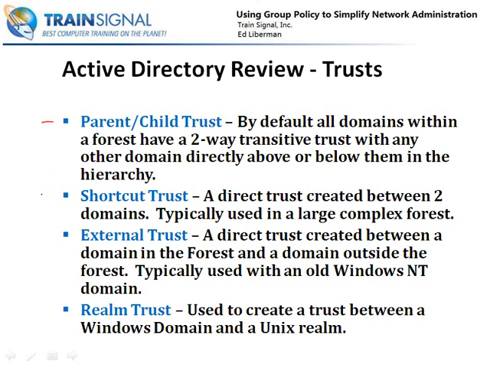Now, another type of trust I'd like to talk to you about is something called a shortcut trust. A shortcut trust is a direct trust relationship that is created between two specific domains. And typically, this would be used only in a large, complex forest, or as we'll see a little bit later, if we have two or more forests that have a complete trust with each other, we may want to have a shortcut trust directly from one domain that's way down low in the hierarchy to another domain that's way down low in the hierarchy.